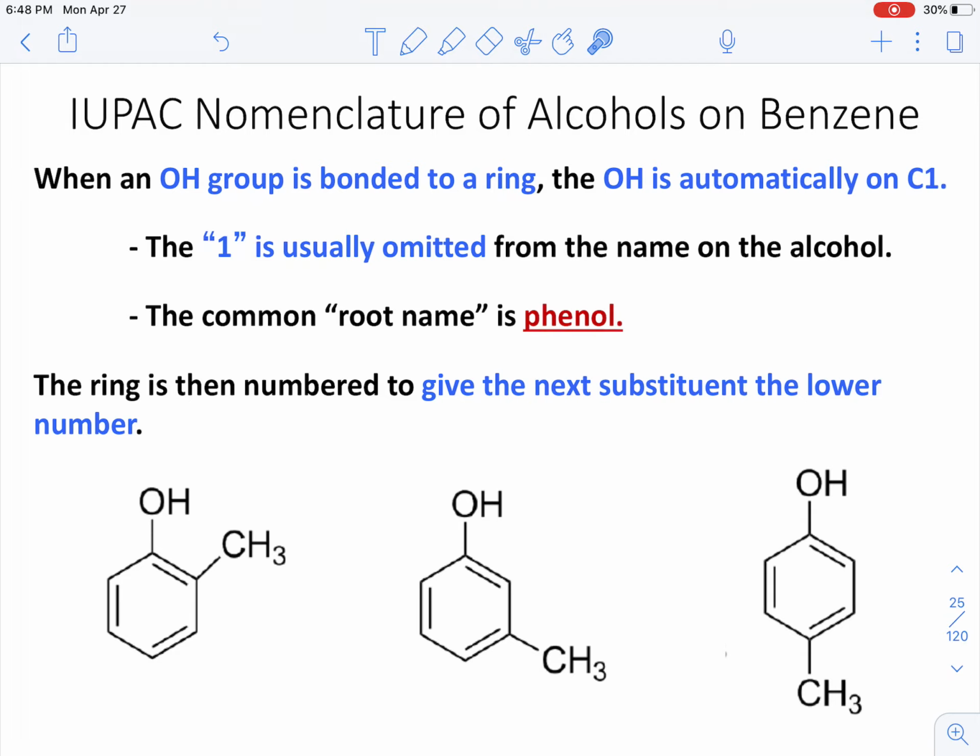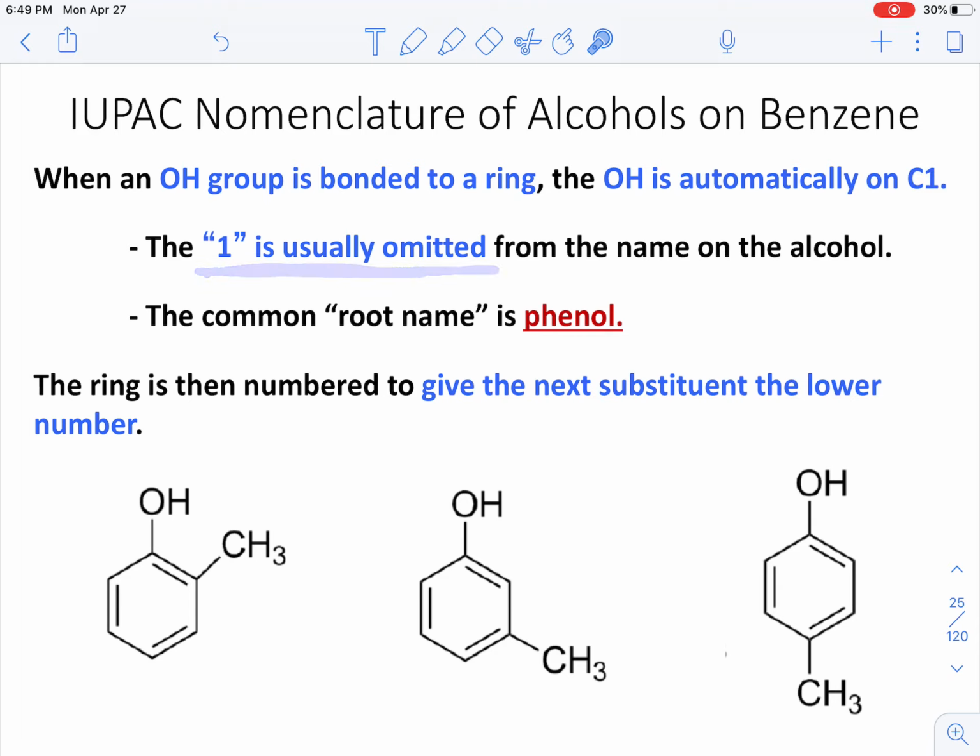Looking at some of the key rules here, this hydroxyl, this alcohol, is automatically on carbon number 1 on a benzene ring, very similar to cyclic alcohols. For anything that's cyclic, whether it's a benzene ring or just a regular cyclic alkane or alkene, this hydroxyl group is always going to be on carbon number 1.